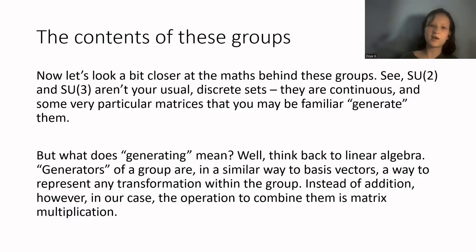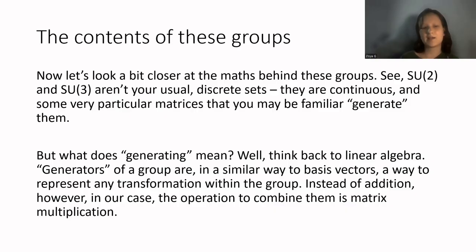Generators of a group are, in a similar way to basis vectors, a way to represent any transformation within the group. Instead of addition, however, in our case, the operation to combine them is matrix multiplication, or just regular multiplication if the matrices are of dimension 1 or of rank 1, right? They just have one single element in them.